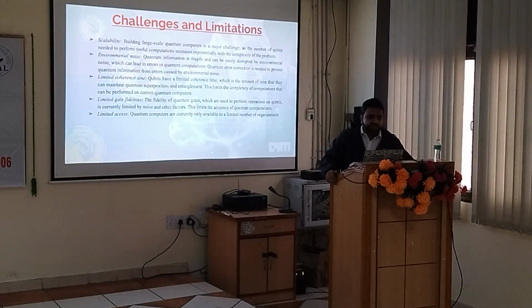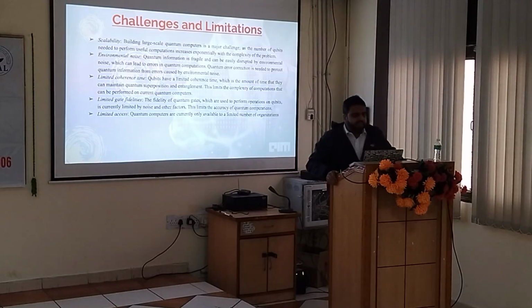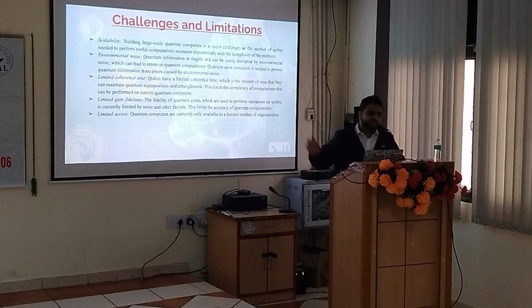Qubits have limited coherence time, which is the amount of time they can maintain quantum superposition and entanglement. Quantum superposition means existence of multiple states simultaneously, but for how much time can these states coexist? That is the coherence time. So this is again a limitation.